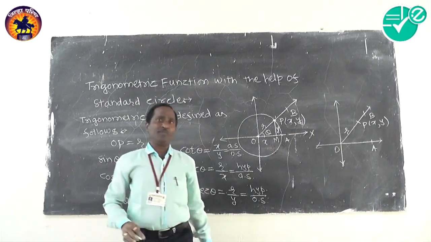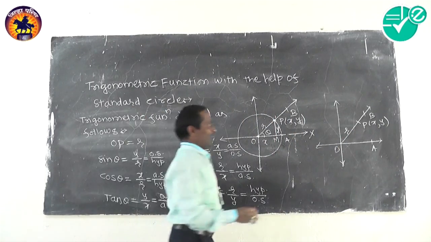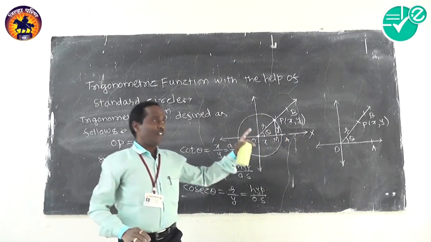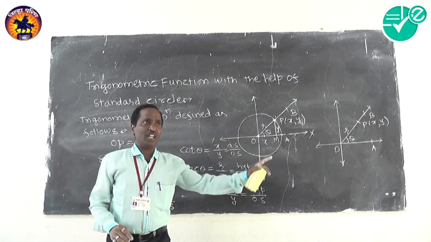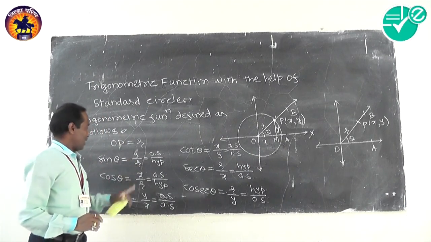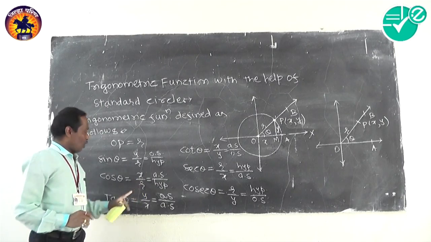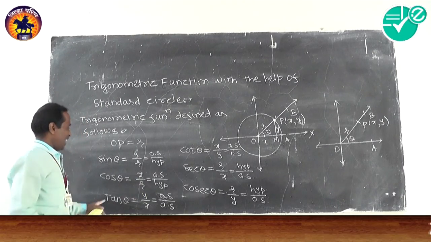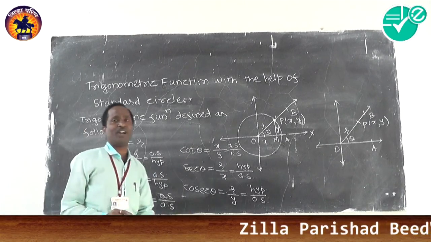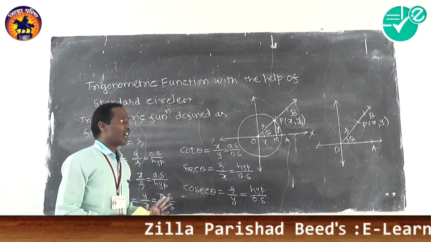Means OP is equal to r and angle AOB is equal to theta. Then we define the trigonometric functions the same way. Sin theta is equal to y coordinate upon r. Cos theta is equal to x coordinate upon r and tan theta is equal to y coordinate upon x. Similarly, we can define the same trigonometric functions.